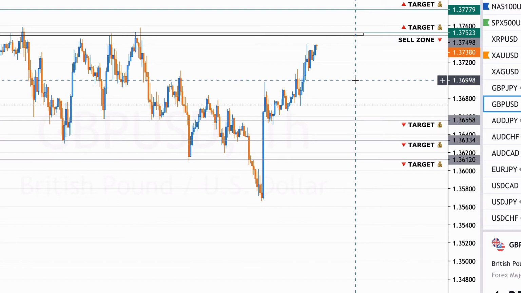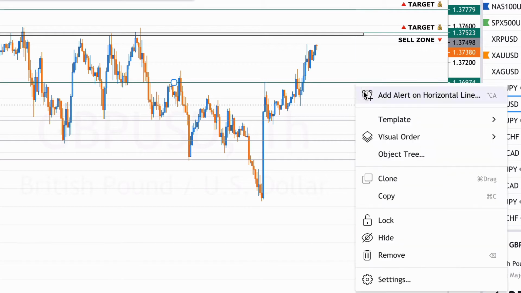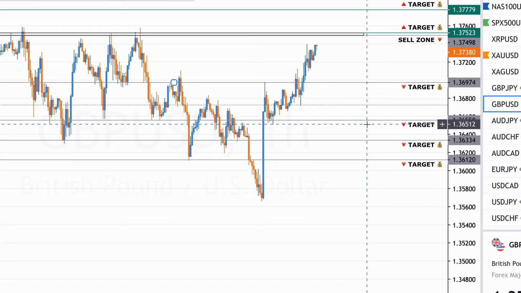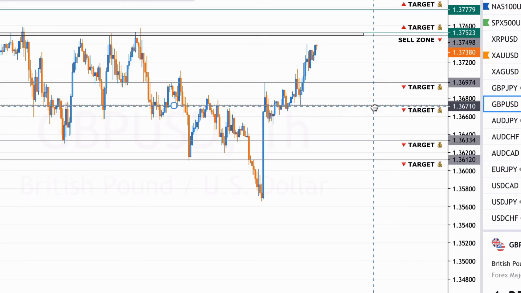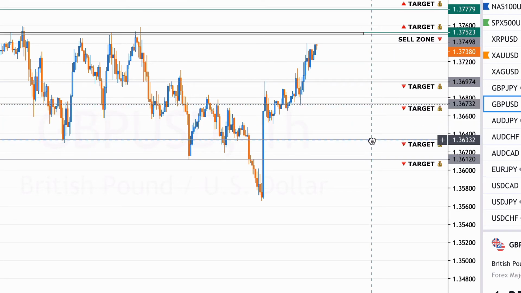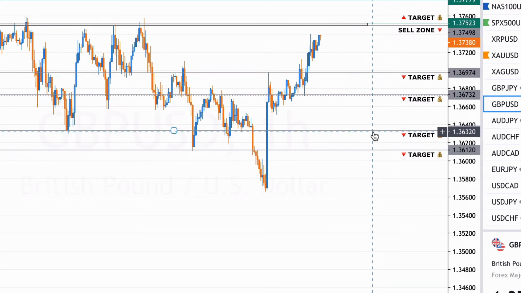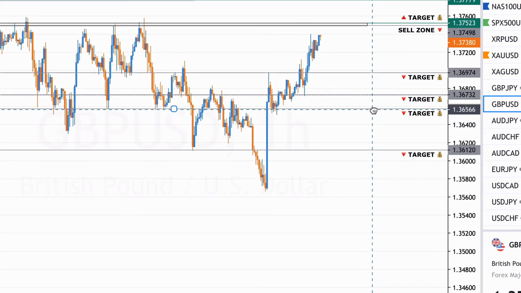Here's the first target right in here. Second target is where price was, the low. Third target here.